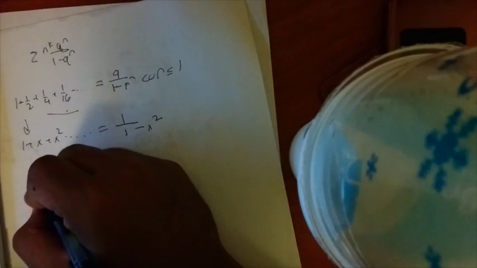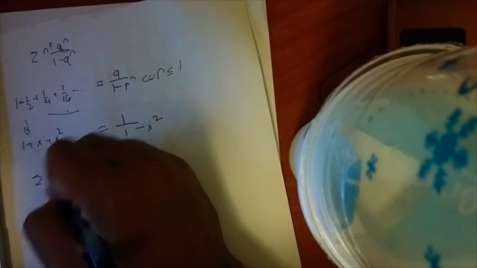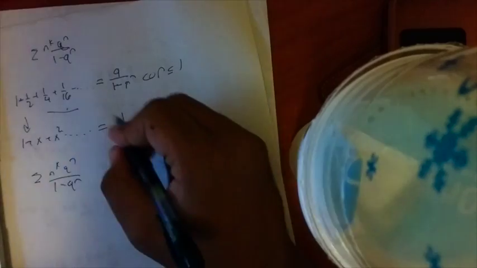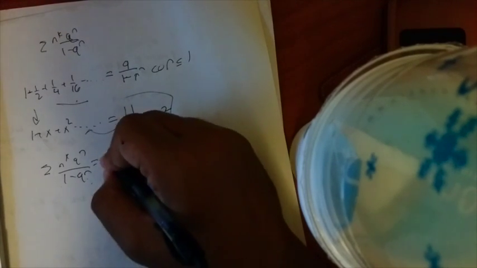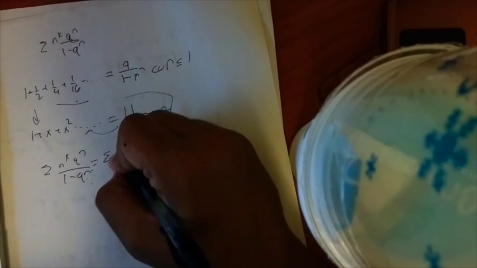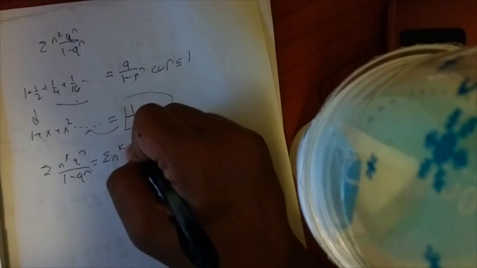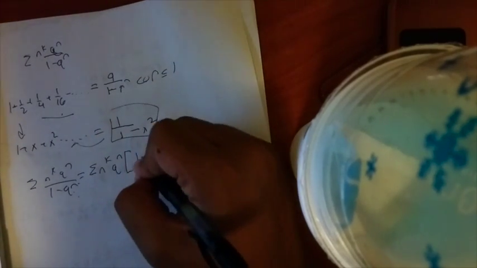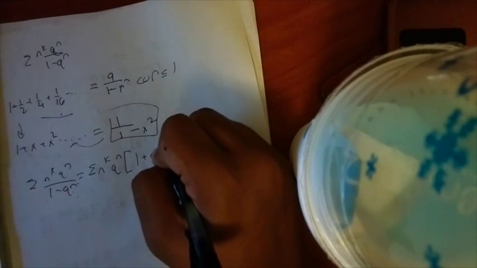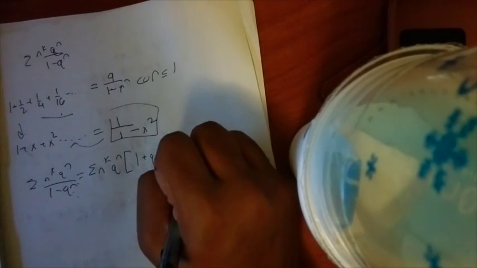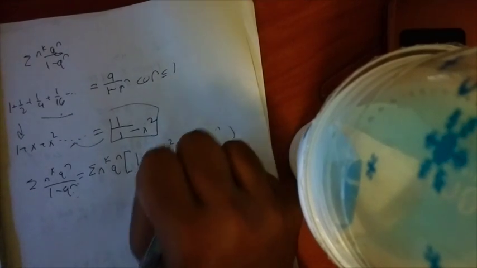So the summation of n to the k, q to the n over 1 minus q to the n. Well, notice that this is like this. So instead of writing 1 minus q to the n, let's just write it in terms of the whole sum. So that's the summation of n to the k, q to the n, times 1 plus q, plus q squared, plus q cubed, all the way to q to the n.